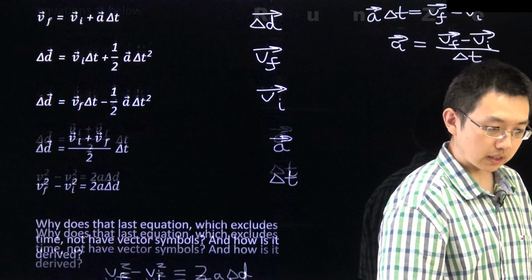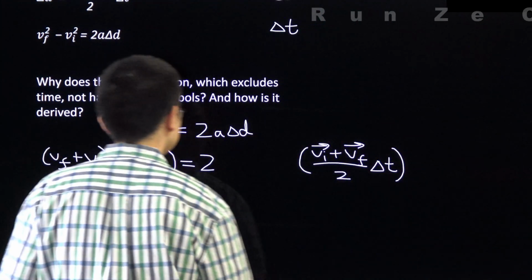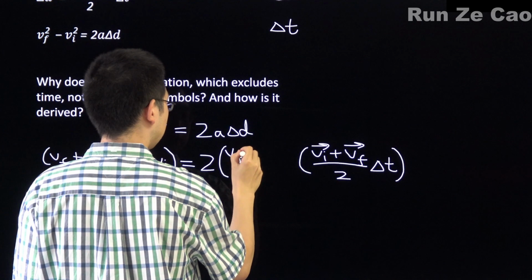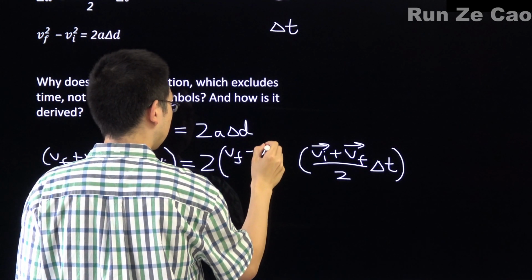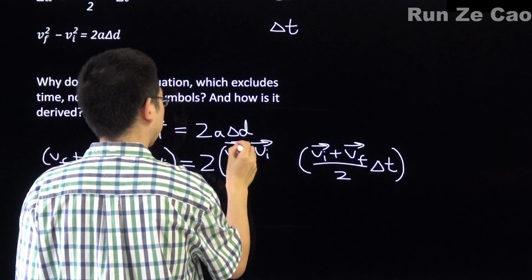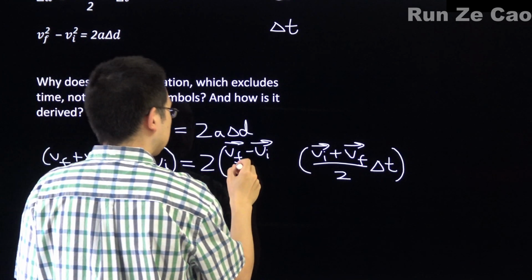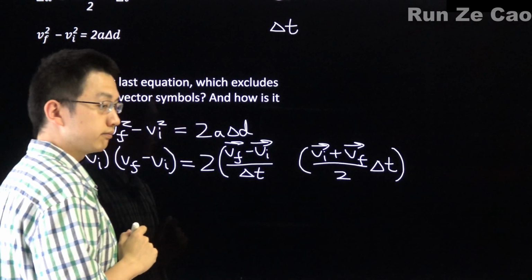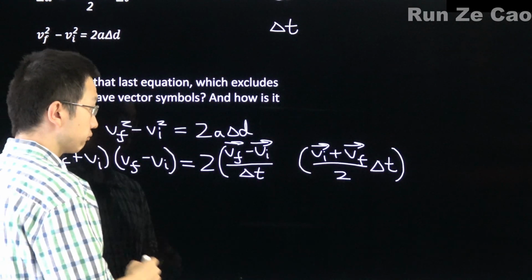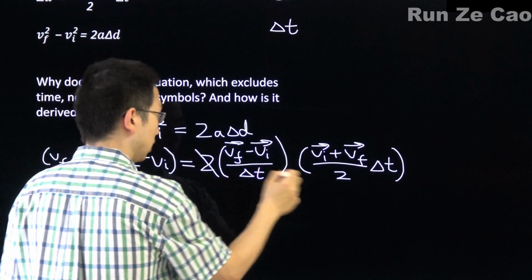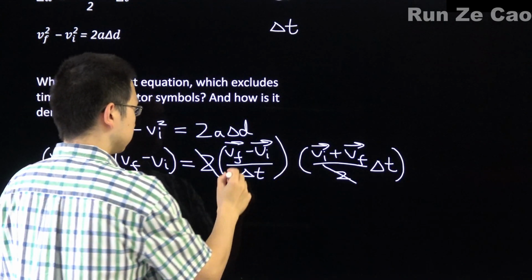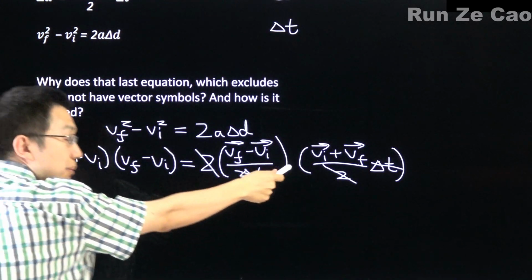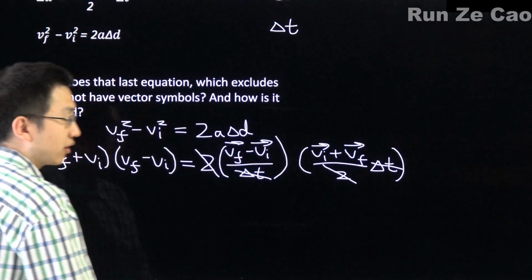Which means we end up with, please remember vector symbols, (vi plus vf) over 2 times delta t. So when we multiply, what happens? We cancel out the 2's, and we cancel out the delta t's. And vi plus vf is equal to vf plus vi.